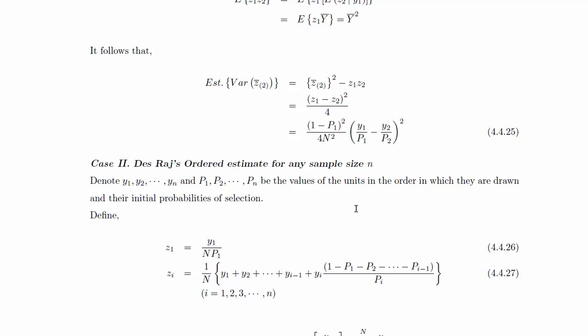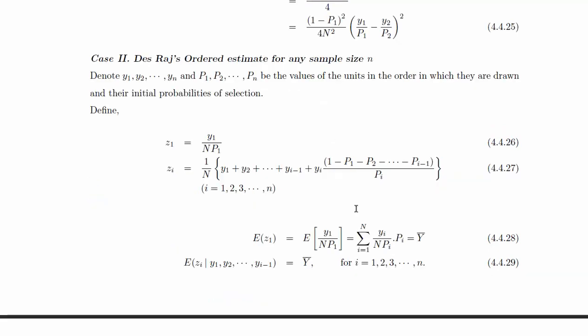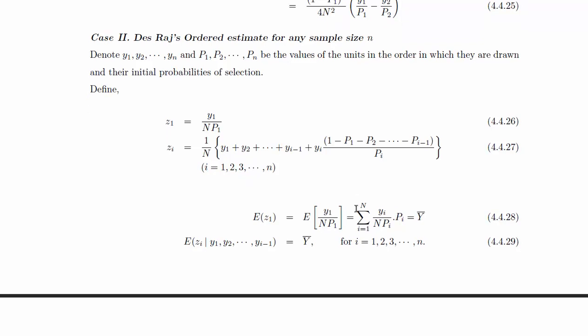And the second method is Des Raj's ordered estimator. Here also we are considering samples of size 2. We define Z1 equal to y1 by np1 and Z2 equal to 1 by n, y1 plus y2 up to the previous units, n minus 1, and so on. Here we define Z1 and Z2 in this way, equations 26 and 27, so that expectation of Z1 equal to y bar, expectation of Z2 also equal to y bar.